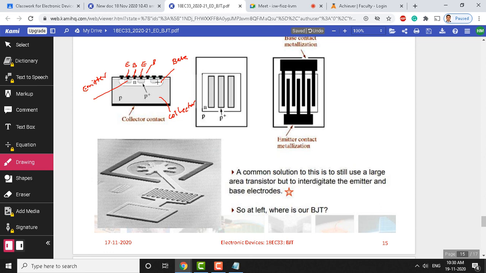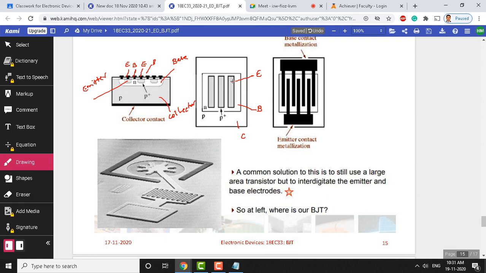This is the new transistor design. The top view of the same BJT structure looks like this. This is going to be the collector, and the empty white space indicates the base, and the electrode you see in the shaded portion represents the emitter.